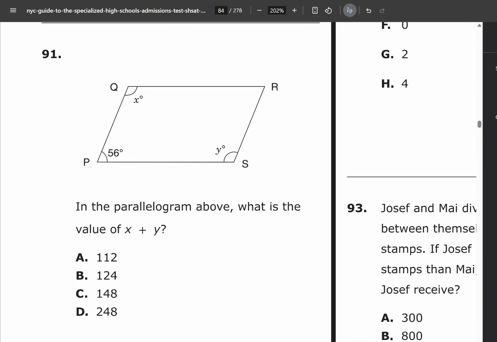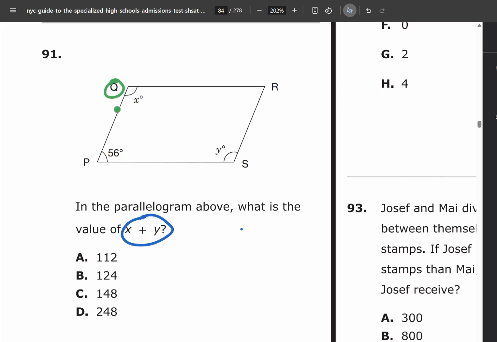Question 91. So, in the parallelogram above, what is the value of x plus y? So, something you need to know about parallelograms is that consecutive angles are always supplementary to each other. What that basically means is that angles that come one after the other are supplementary.